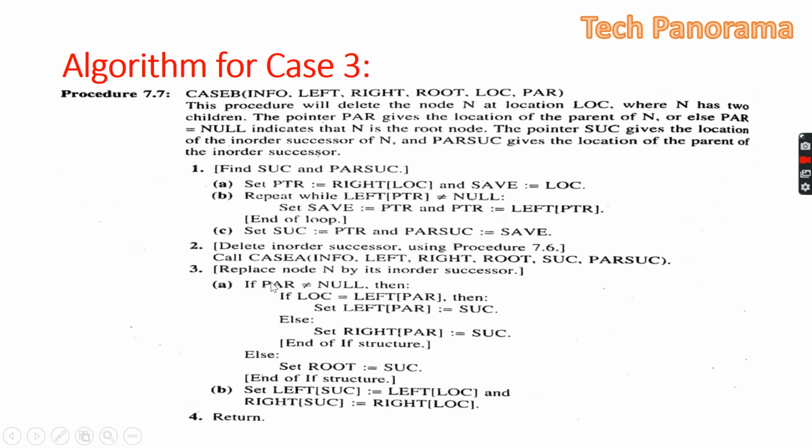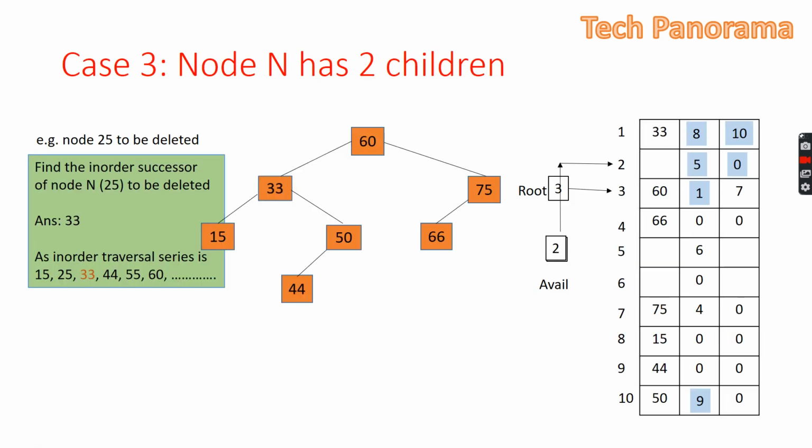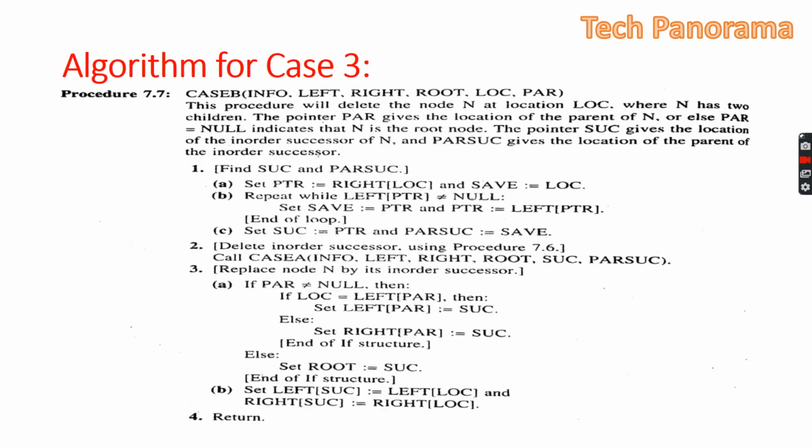Next, first we will call the case A. Because when we deleted the 25, then we found the successor. Now we have made the changes. First, before moving 33 to the 25, we have to make changes here. So for this we have to call the case A. So we call the case A, then we check whether the parent is equal to null or not null.